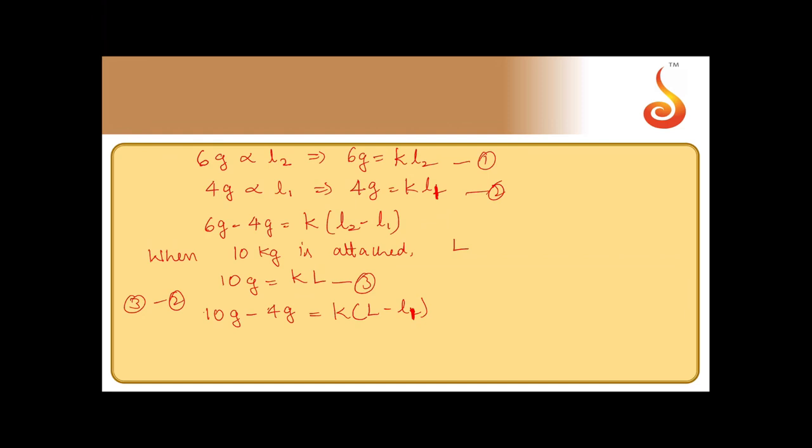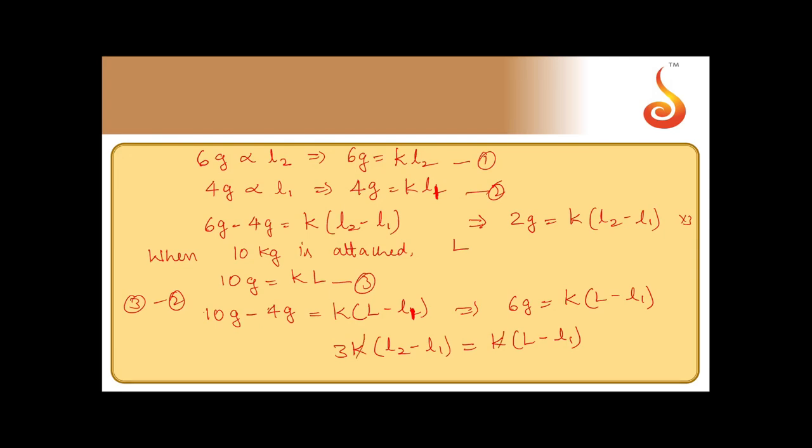So from this we can solve for L in terms of L1 and L2. So this implies 2G is equal to K into L2 minus L1. So this implies 6G is equal to K into L minus L1. So equating the right hand sides, if I multiply this equation by 3 and equate it to this, 3K into L2 minus L1 is equal to K into L minus L1.